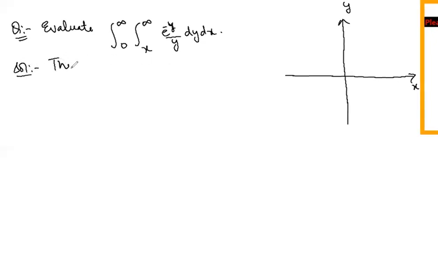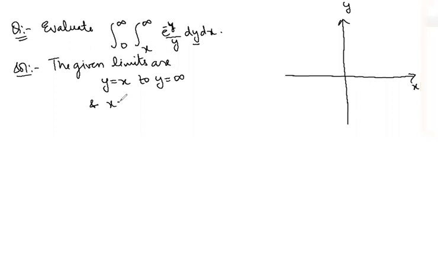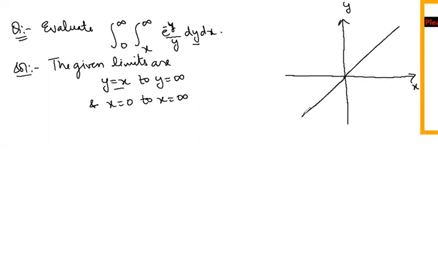The given limits are, look, y is equal to x to y is equal to infinity, and x equals 0 to x equals infinity. So how are we drawing this? I can see that this is again the identity function, y is equal to x up to y is equal to infinity.